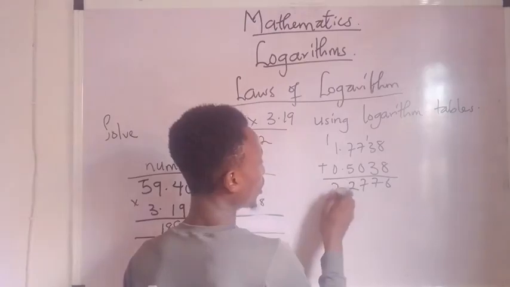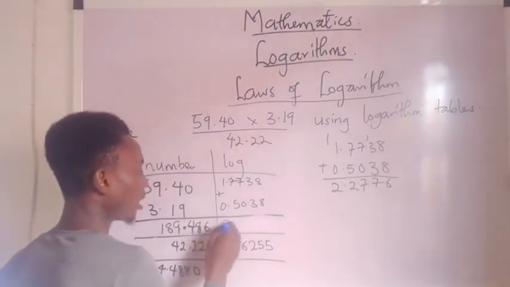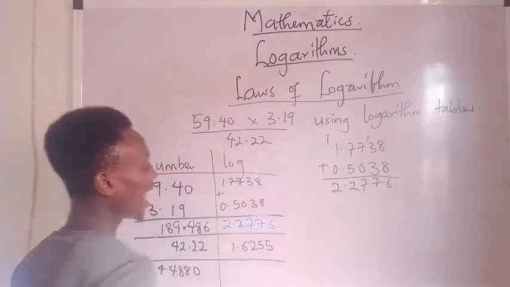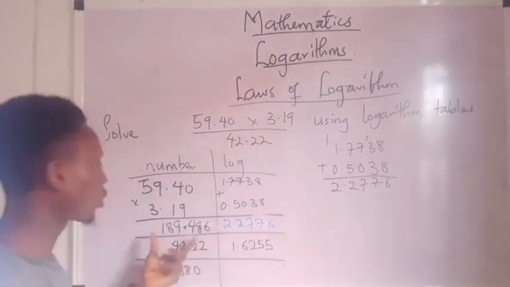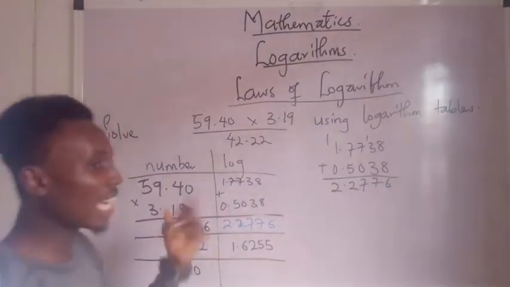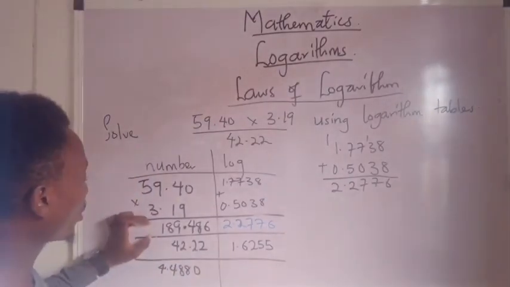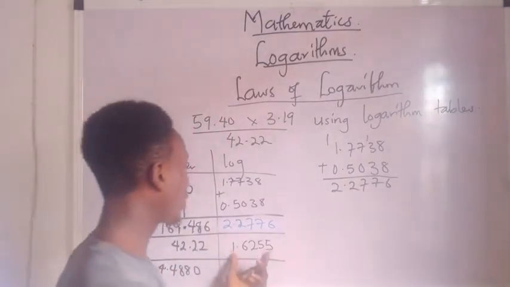This will give us 2.2776. Now we write this here. 2.2776. Actually, if you find the anti-log value of this, this is what you will be getting: 189.486.